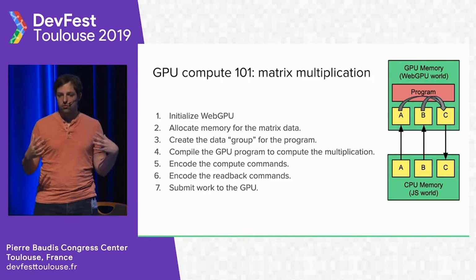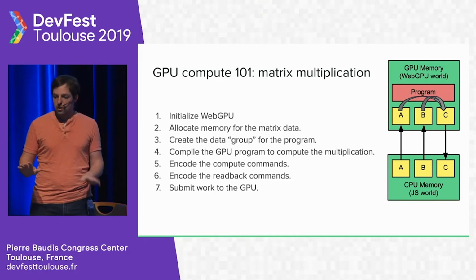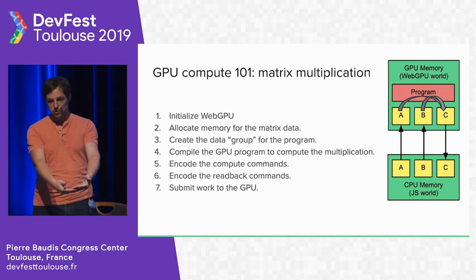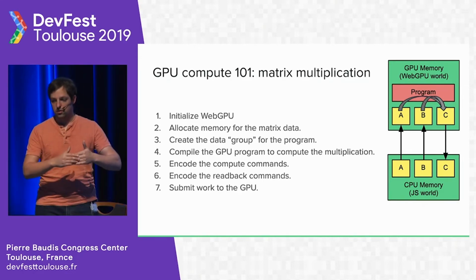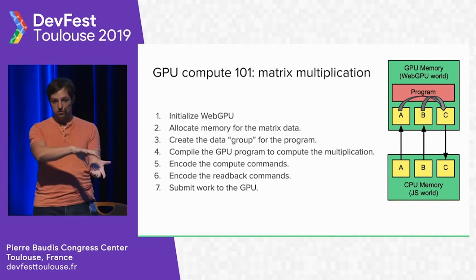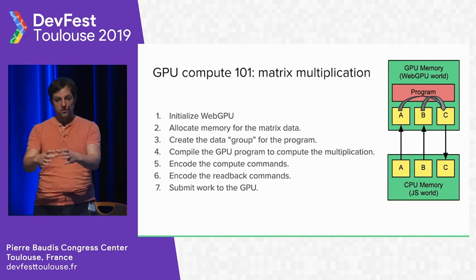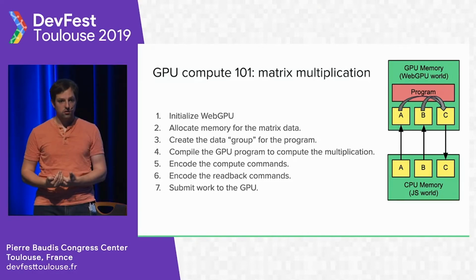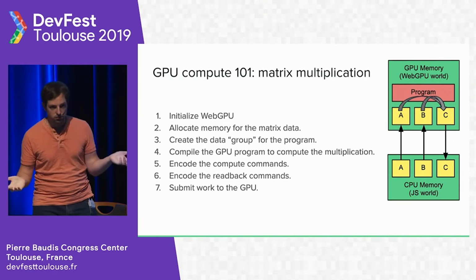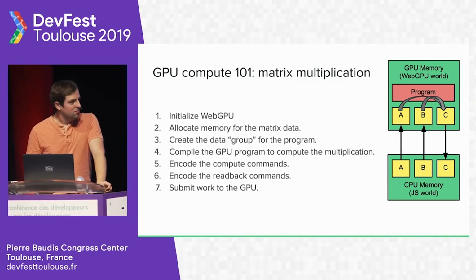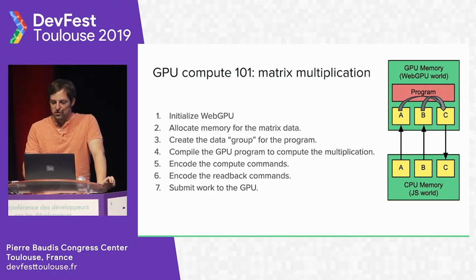So we have to assume they are separated. So the first step is going to be to take the input matrices and put them in GPU memory. So A and B go from CPU memory to GPU memory. Then we execute the program on these two matrices to produce C in GPU memory. And then we bring the results back to the CPU so we can do useful things with them. I mean, for matrix multiplication, you probably want to keep it on the GPU because it's a lot of data, whatever you want to do with it.